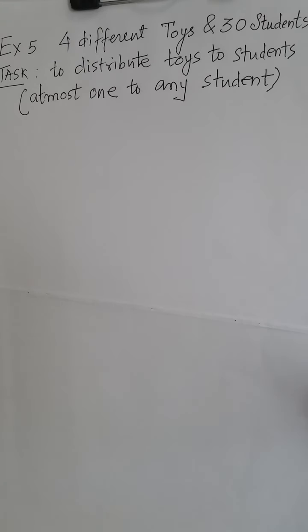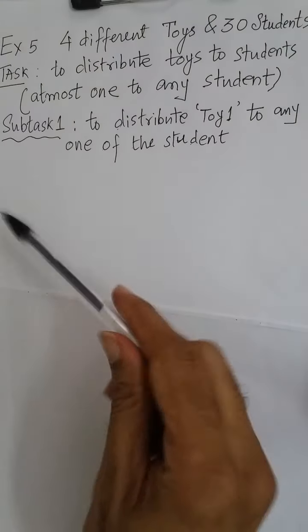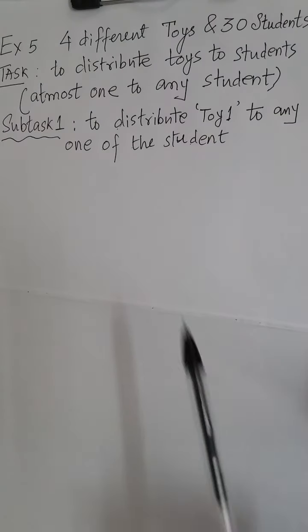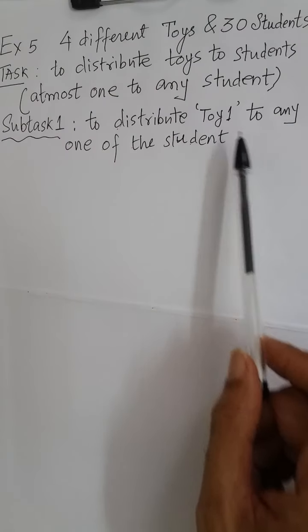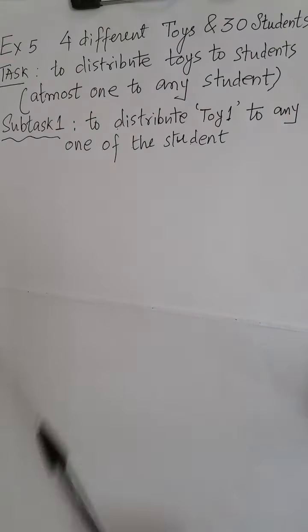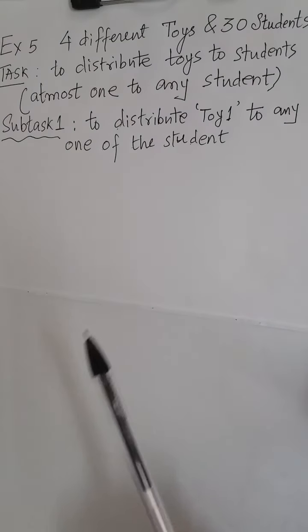So what are the subtasks involved here? There are how many subtasks? There are 4 subtasks. The first subtask is what? The subtask 1 is to distribute the first toy, toy 1. Since there are 4 different toys, we can name them toy 1, toy 2, toy 3, toy 4.